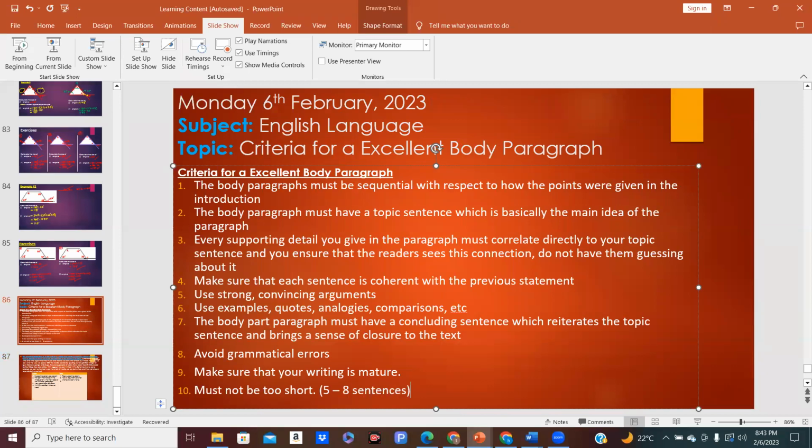Why do the introduction and the paragraph have to be the same length? They don't have to be the same length. The introduction you might lean more to the lower end of the 5 to 8, more to 5. And then the body paragraphs you lean more to the 6, 7 side.